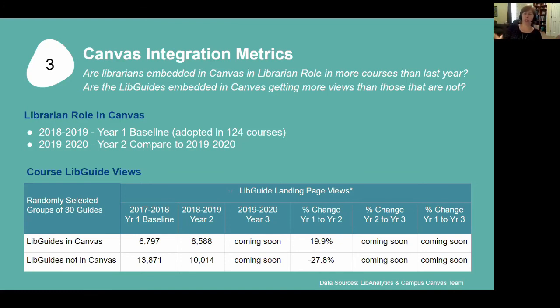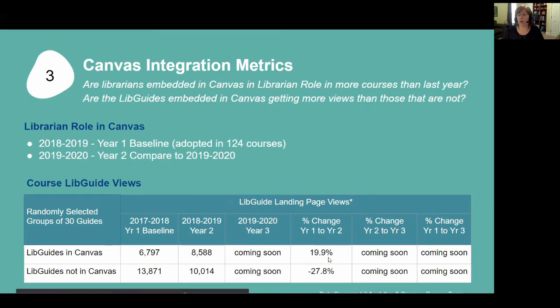Are librarians embedded in Canvas in the librarian role in more courses this year than last? We had last year as our baseline. So now, as we're wrapping up 2019-20, we can ask the Canvas integration team how many adoptions have occurred, and so that's just a simple comparison.